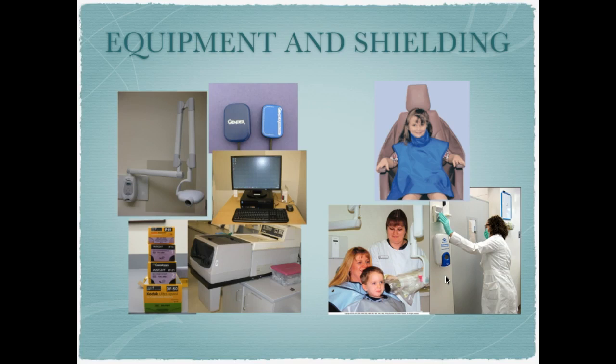You can even think of it as the PID, but also for any scattered radiation or secondary radiation that may be deflected. So where we stand in position or in relation to the patient and the PID is very important, and we must be at least 6 feet away from the source of radiation. That will also protect us.